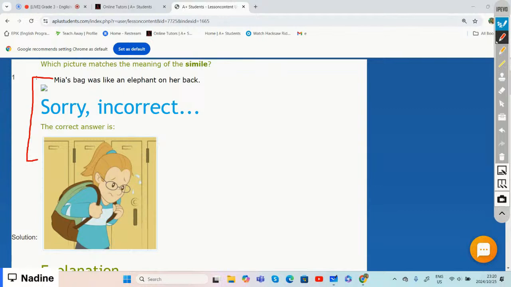What does it mean when we say Mia's bag is like an elephant on her back? Think of an elephant. Can I carry an elephant? So what does it mean when we say Mia's bag is like an elephant on her back?